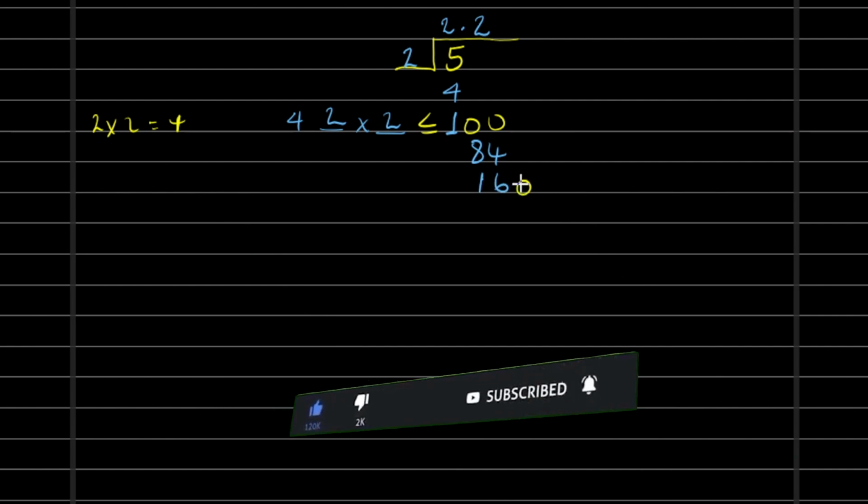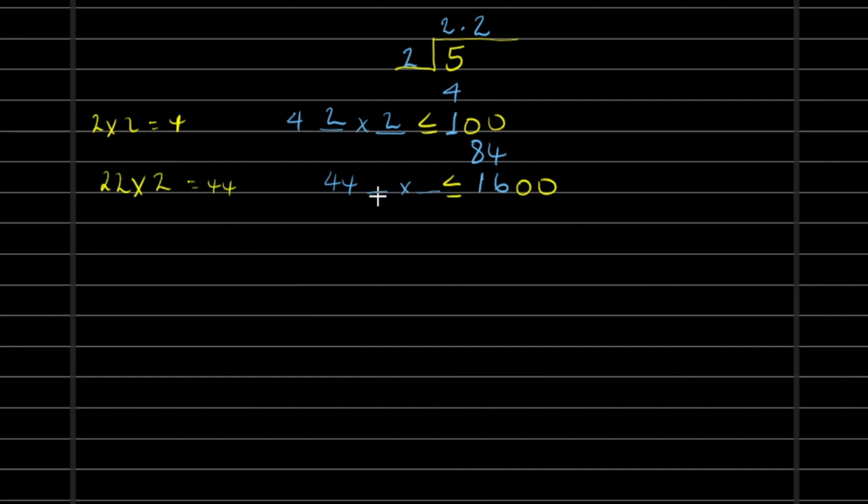Then add 2 zeros. So we add a digit in front of 44 and multiply by this digit again. And this number must be less than 1600. This number is 3. And when we multiply, we get 1329. The second digit is 3. When we subtract, we get 271. Similarly, add 2 zeros.